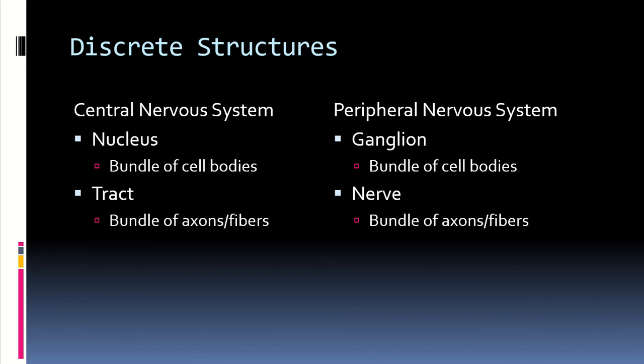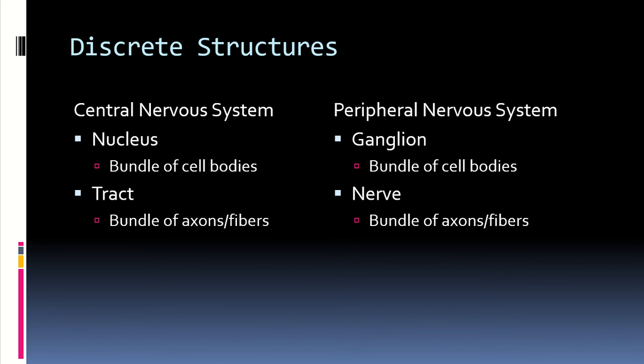Discrete structures, well, like it was said before, the central nervous system and the peripheral system, they essentially have the same parts, but different terminology is used depending on whether you're talking about cell bodies or axons in the central nervous system, the brain and spinal column specifically, or the peripheral system, other parts of the body.